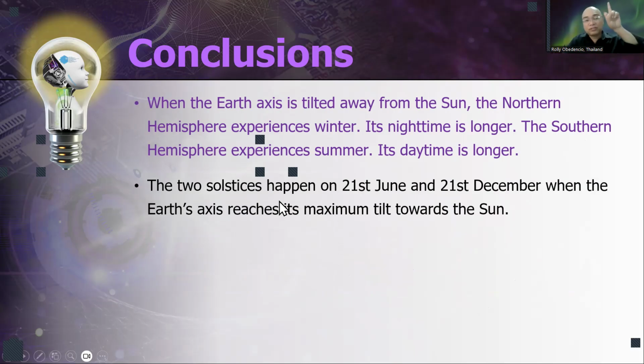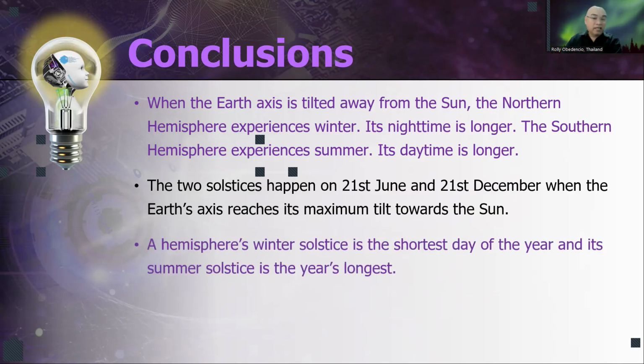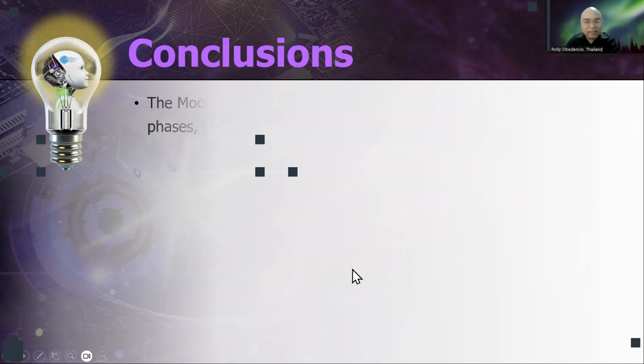The two solstices happen on the 21st of June and on the 21st of December when the Earth's axis reaches its maximum tilt towards the sun. A hemisphere's winter solstice is the shortest day of the year, and its summer solstice is the year's longest.